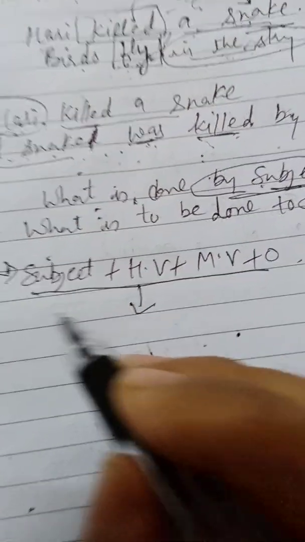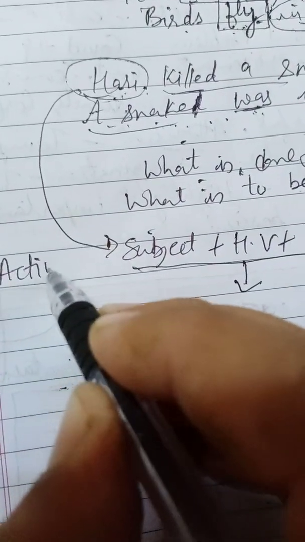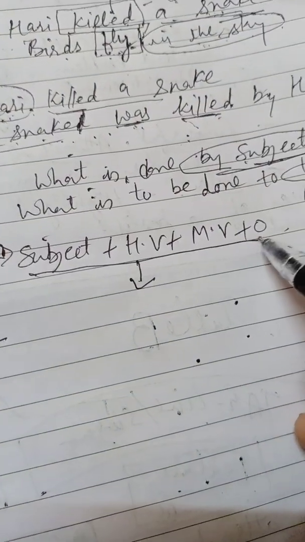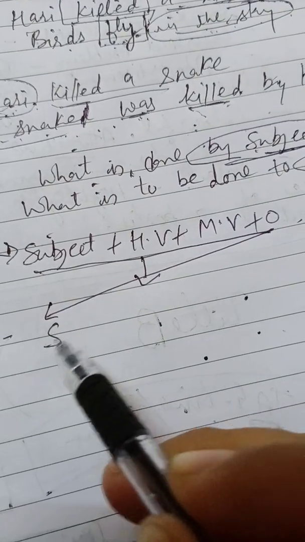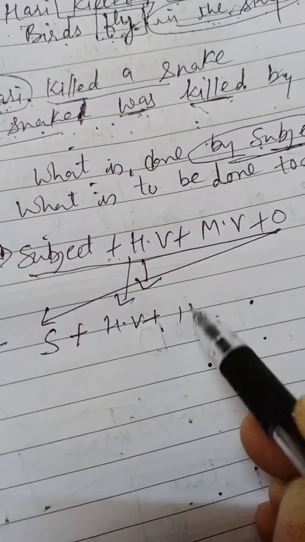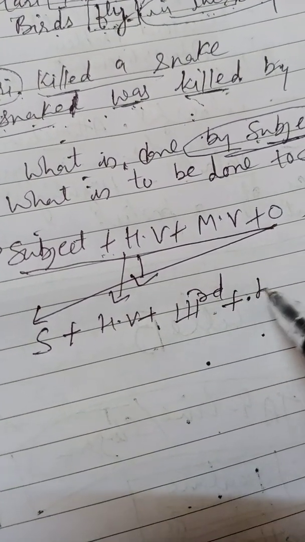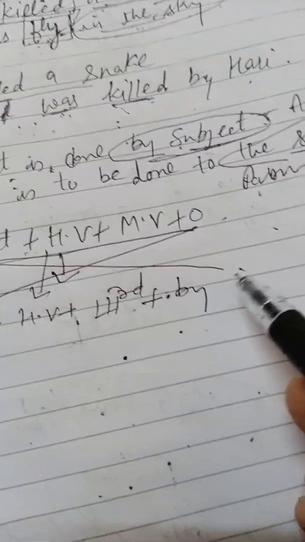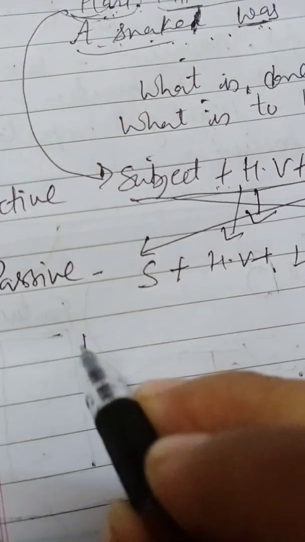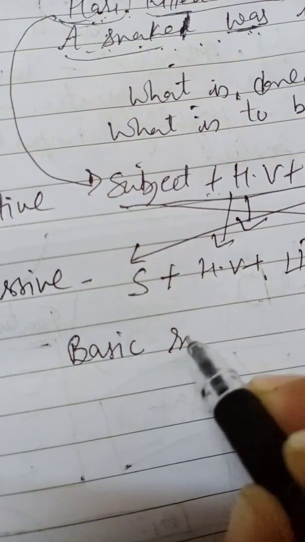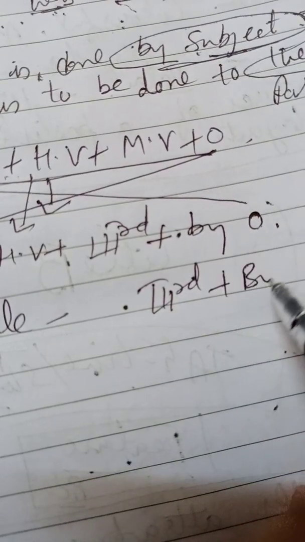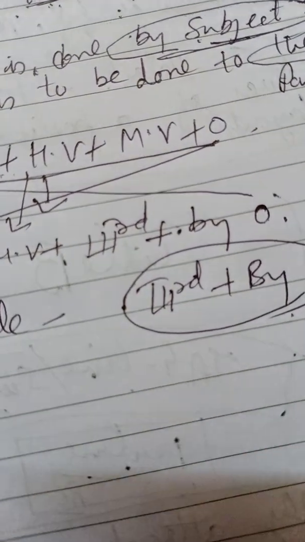Now if we need to change it from active form to passive form, this object, as you know dear students, will be the subject, then according to the tense a helping verb, then the third form, then by, and then this subject will be the object. So the basic rule of changing active into passive is simply third form plus by. This is mandatory.